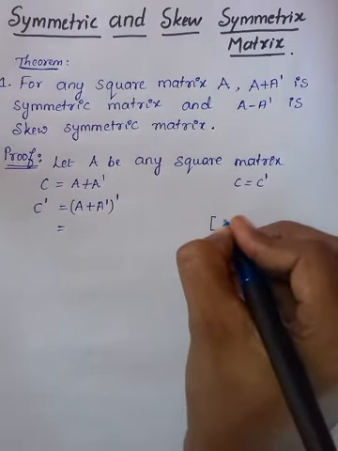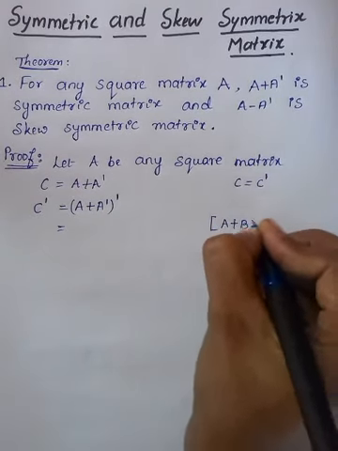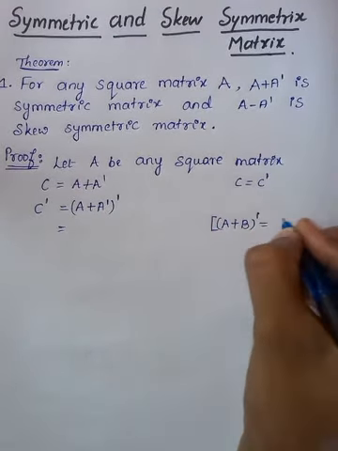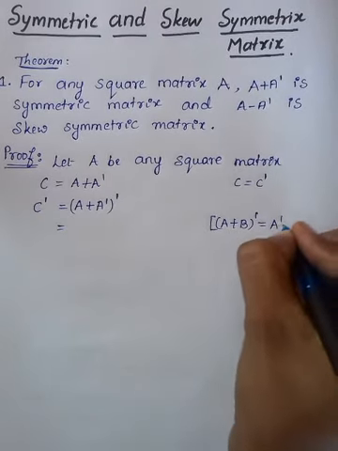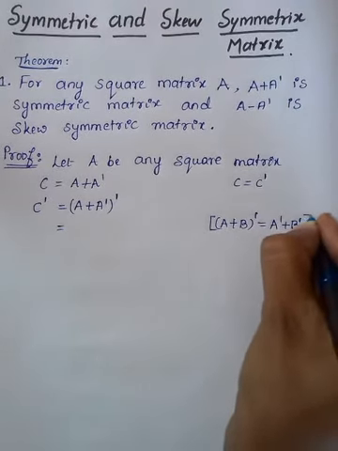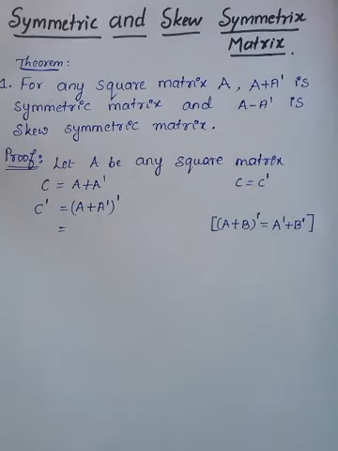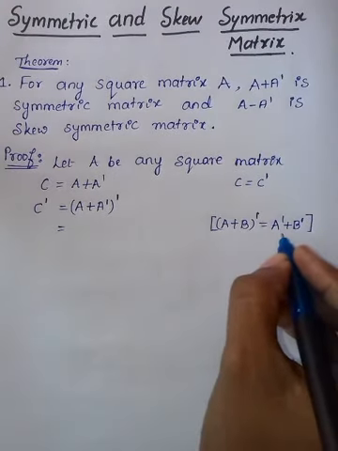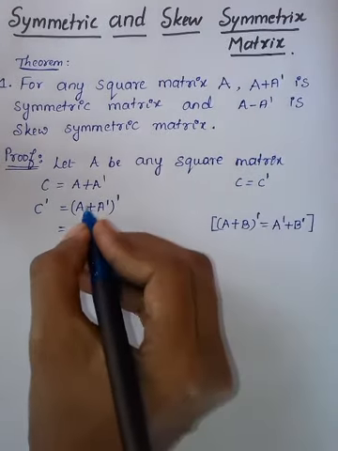There is one result: A plus B whole transpose is equal to A transpose plus B transpose. This is one of the properties of the transpose of a matrix. This property applies here.